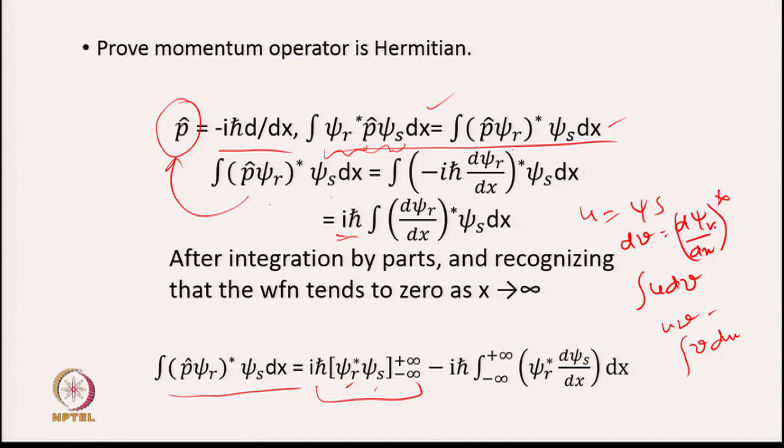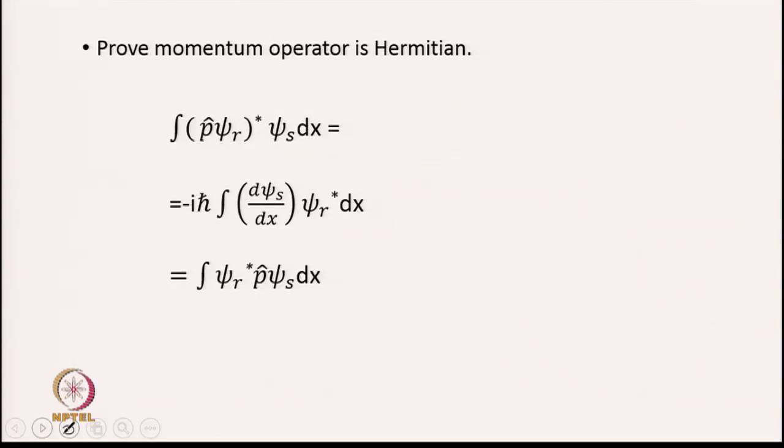v is again psi r star, and du is d psi s by dx times dx. When you do that, you get these two terms, and the boundary term tends to 0. So what you are left with is the second part, which is written as minus h cross times the integral of psi r star d psi s by dx dx.